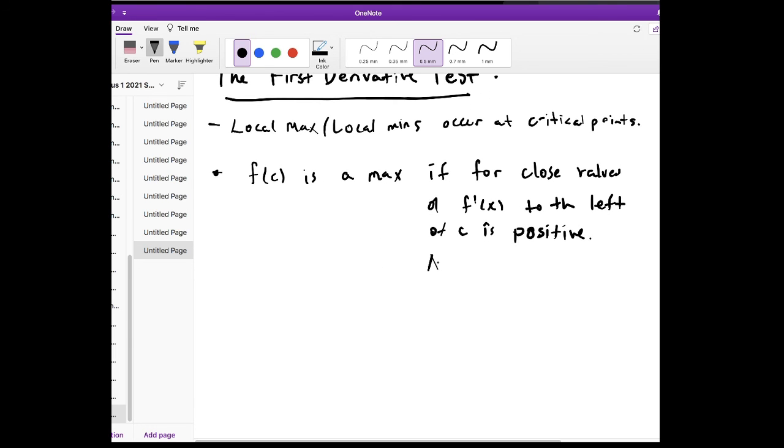And for close values to the right of c, f prime is negative.